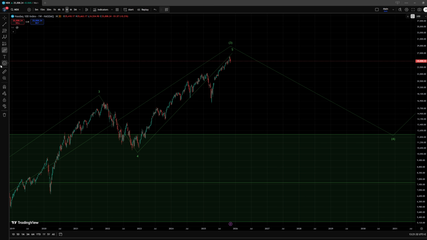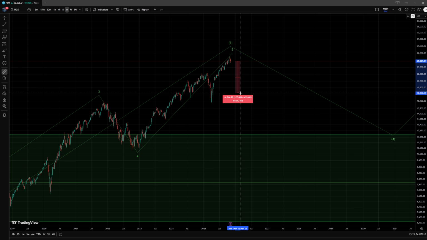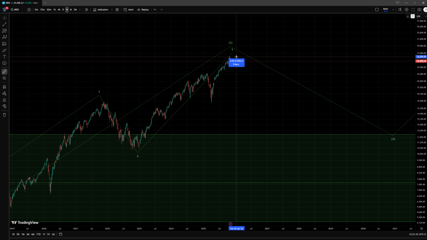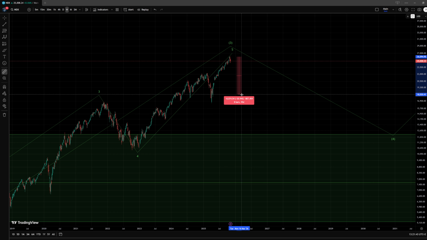Well, what if we get, for example, 30%? Yeah, we get here to around the $17K level, or from the top 30%, and we get, for example, to the $18K level. Would you consider it to have popped?